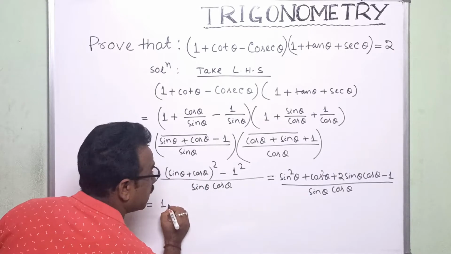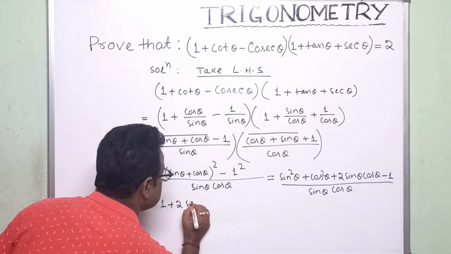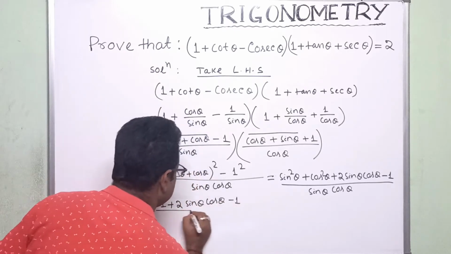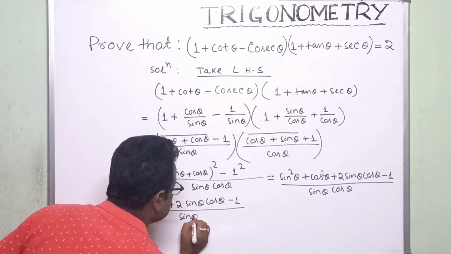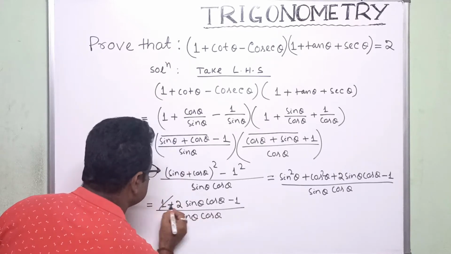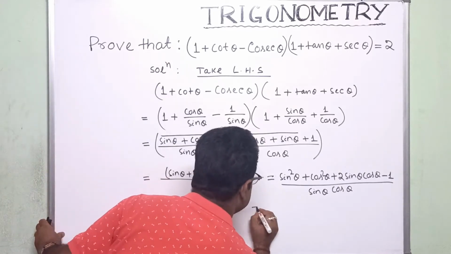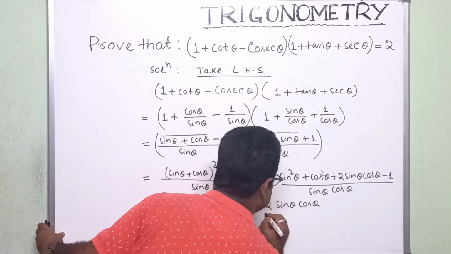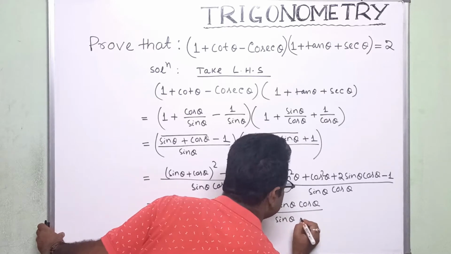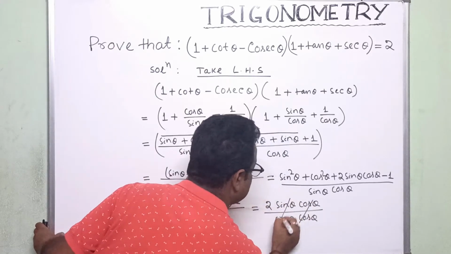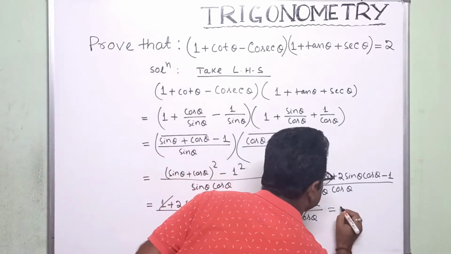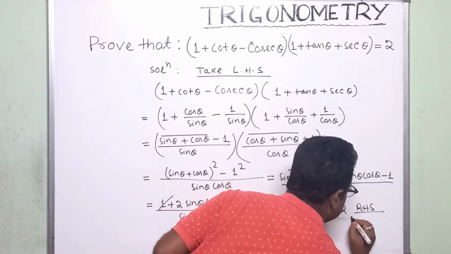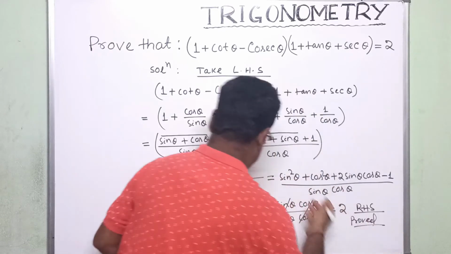So 1 plus 2 sin theta cos theta minus 1 by sin theta cos theta. So plus 1 minus 1 cancelled. That is equal to your 2 sin theta cos theta by sin theta cos theta. So sin theta cos theta cancelled. That is equal to your 2. That is your RHS, and RHS is proved.